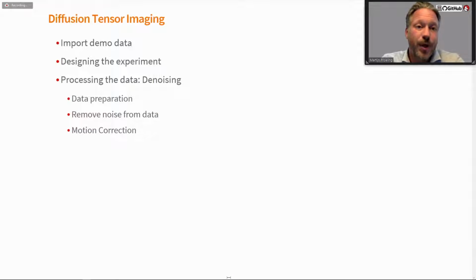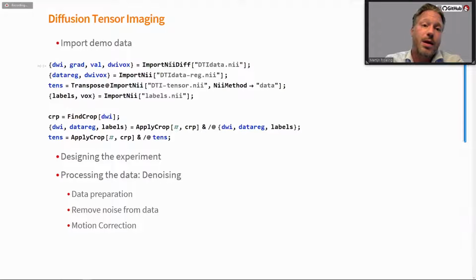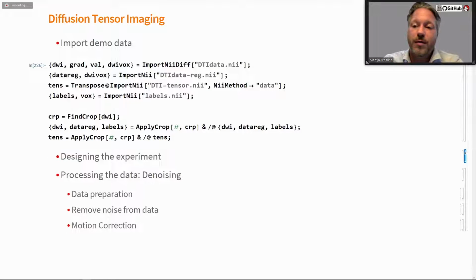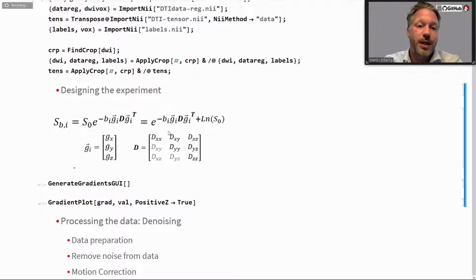So I want to end with some examples of diffusion tensor imaging. Again, I'm going to start with importing some data sets. As I mentioned before, with diffusion tensor imaging, we measure the diffusion in different spatial orientations, but also with different diffusion directions, because we need to solve this equation.